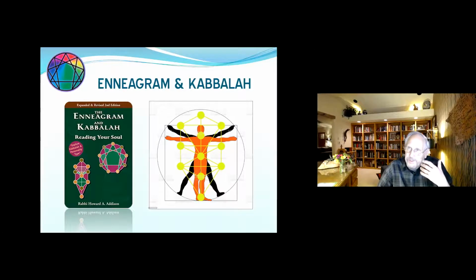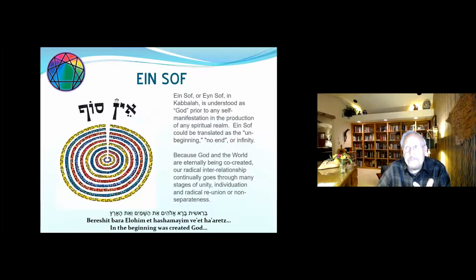Kabbalistic teaching is the mystical branch of Judaism that arises in Iberia, in Spain and Portugal, in the last millennium. And the overlay between how the Jewish mystics understood self and relationship to God, and how close this is to Enneagram theory, I find absolutely fascinating.